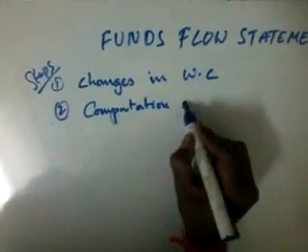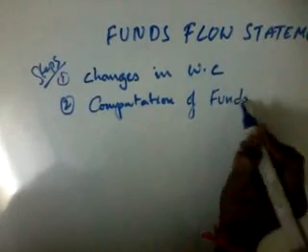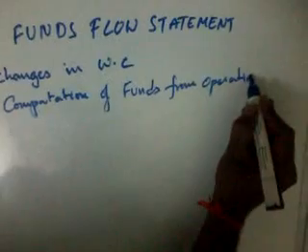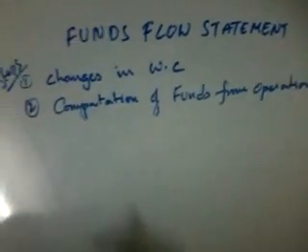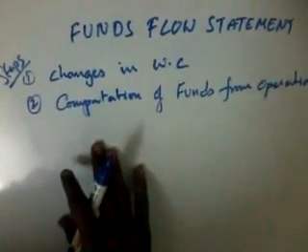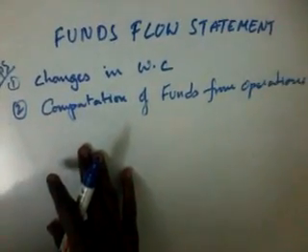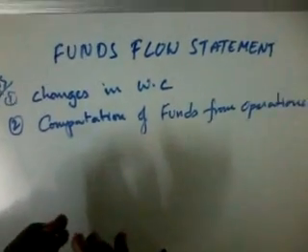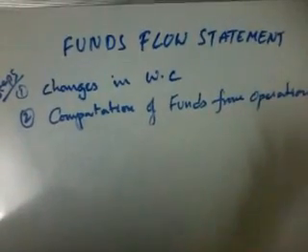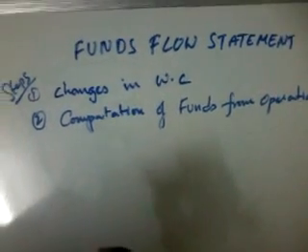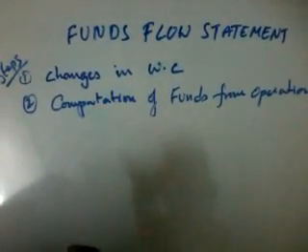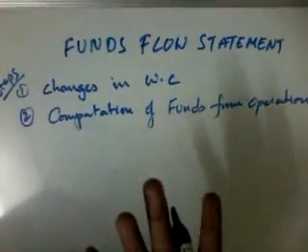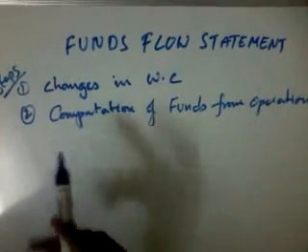In step 2, we are going to find out only the funds which are related to operations, which are the main source of the business; items not relevant to the business are not considered. The profit or the funds lost, that is funds from operations, we are going to find out in step 2.